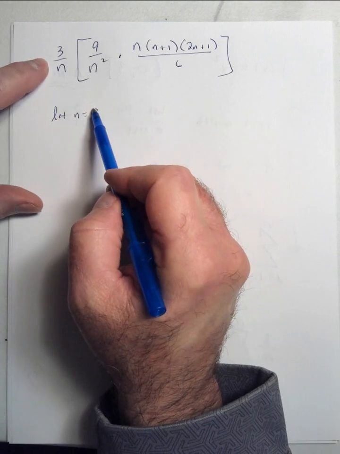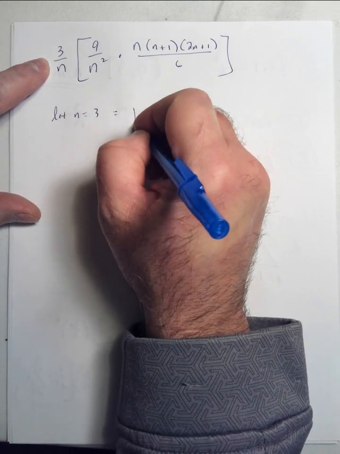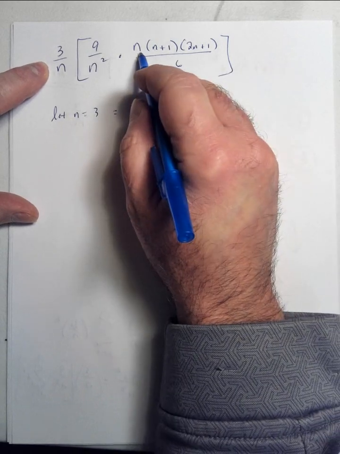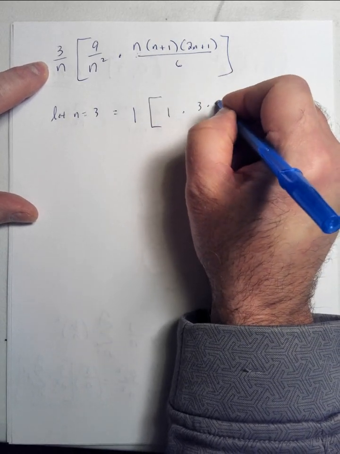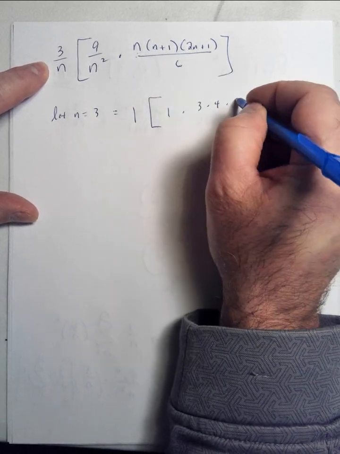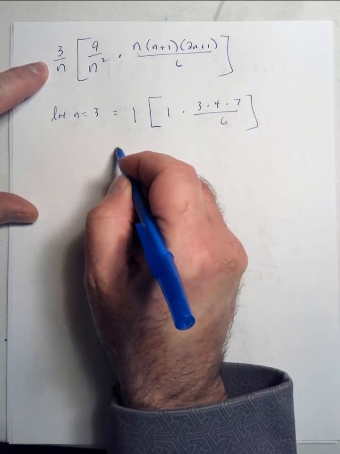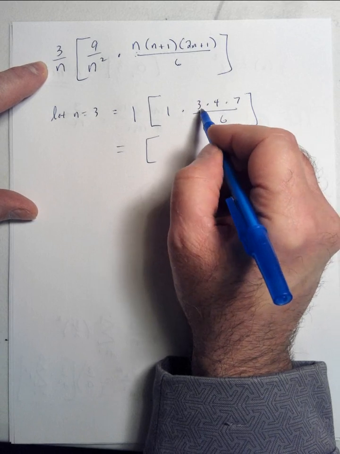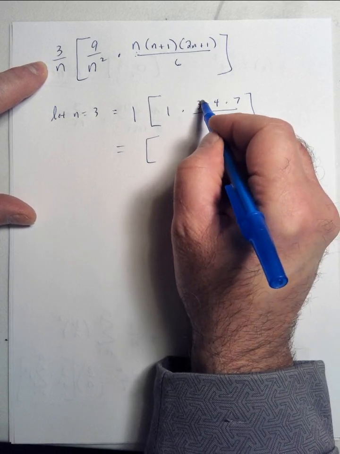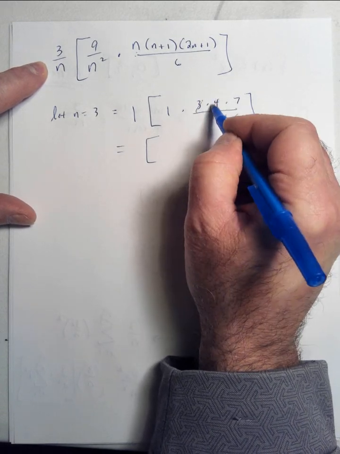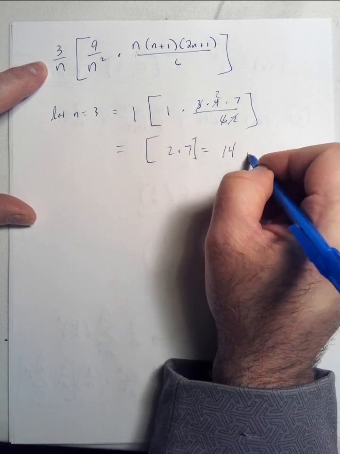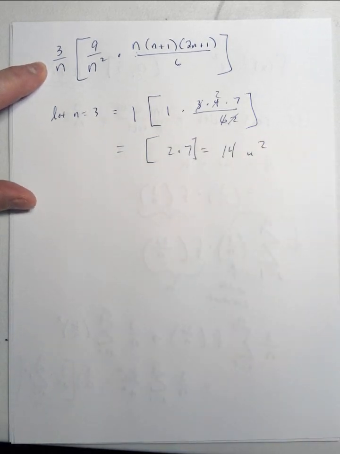So if we let n be 3 and we evaluate, we get 1/2 times 3 times 4 times 7 over 6, which is 1/2, and then this is 2, so 2 times 7, 14 square units.